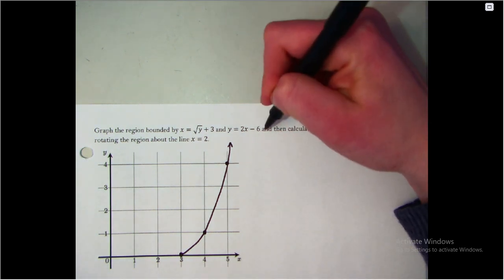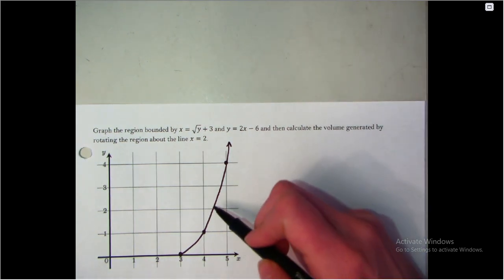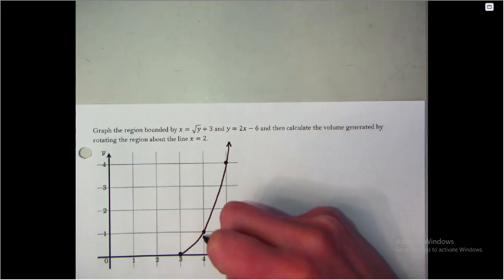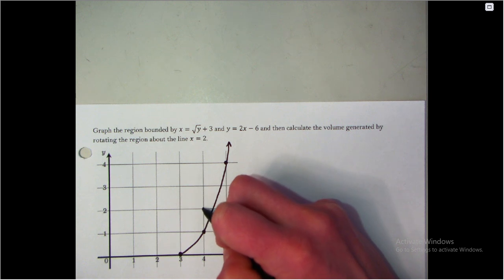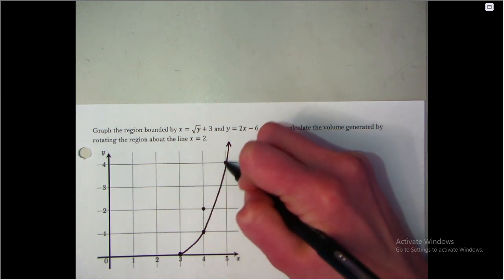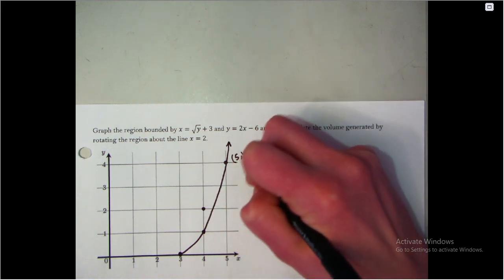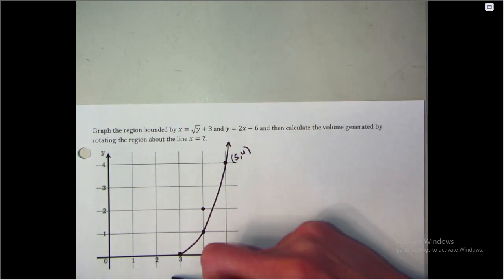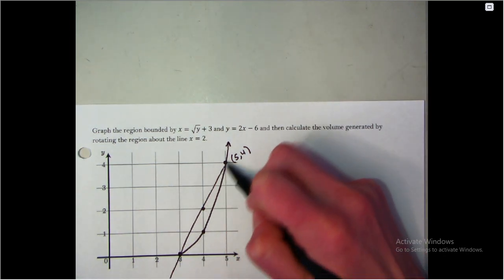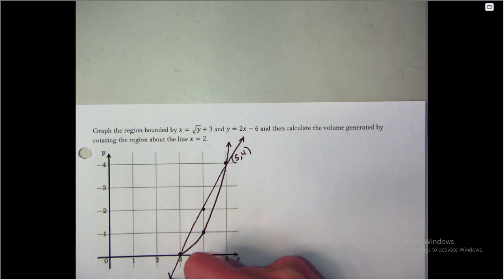And the linear function, let's try plugging in 3. At 3, I would be getting 0. At 4, I would be getting 2. With my slope of 2, I'm going to hit here as well at 5, 4. So I don't have a ruler at home today, but there's my linear function.